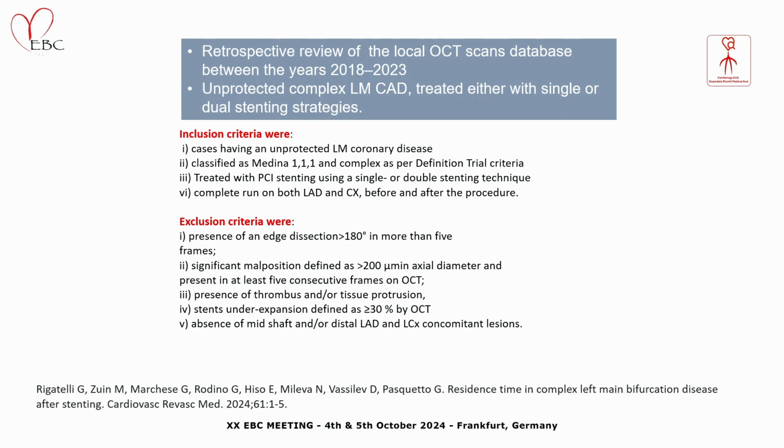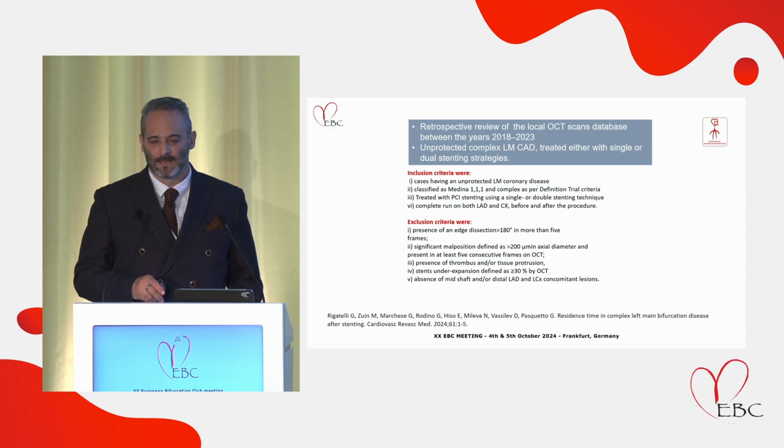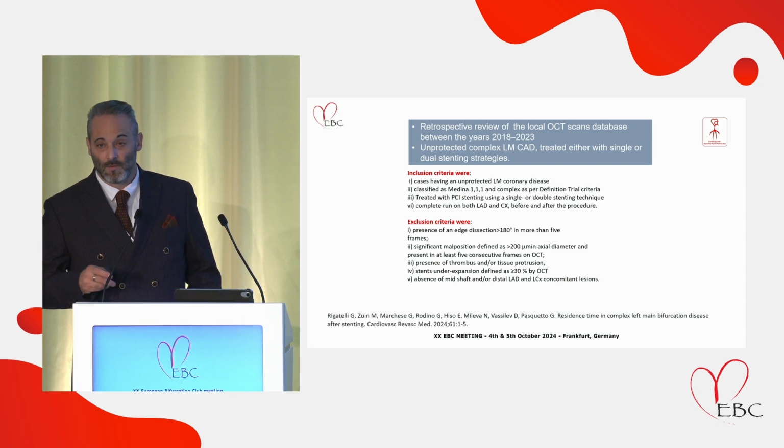We retrospectively reviewed our local OCT scan database over the last 4 or 5 years, searching for unprotected complex left main disease treated with either a single or dual stenting strategy. The inclusion criteria were cases having an unprotected left main coronary disease, 1,1,1 Medina, and complex as per the DEFINITION trial criteria, treated with PCI stenting using a single or double stenting technique, and having a complete OCT run on both LAD and CX before and after the procedure.